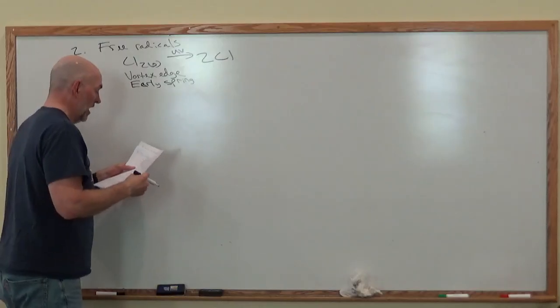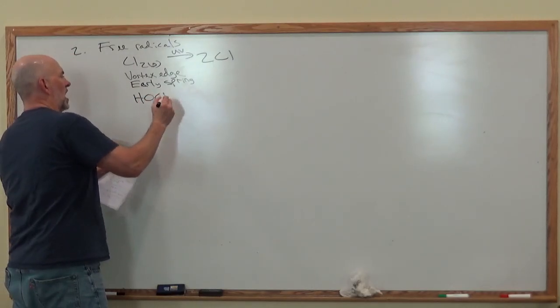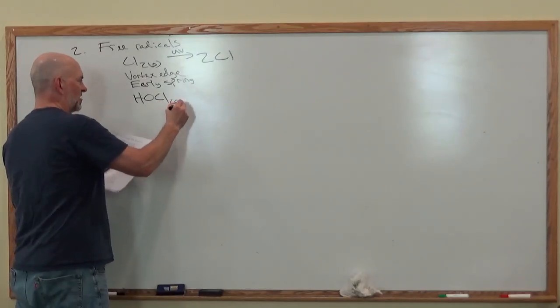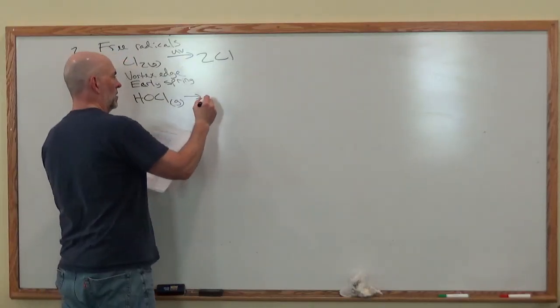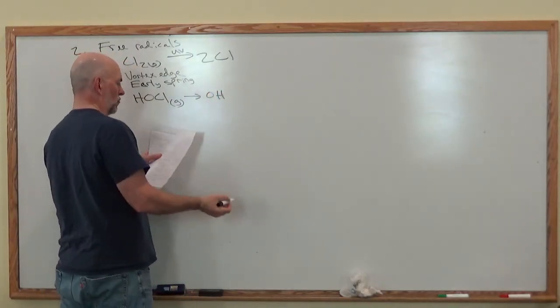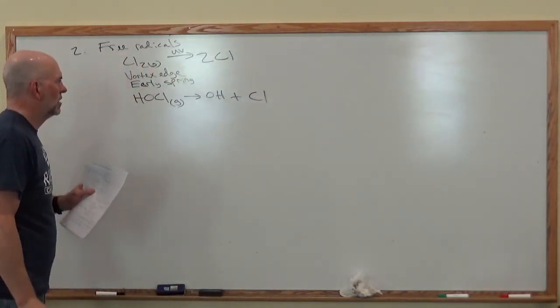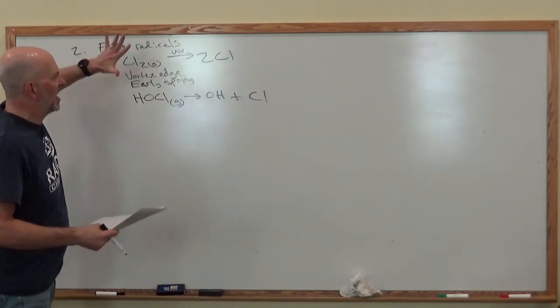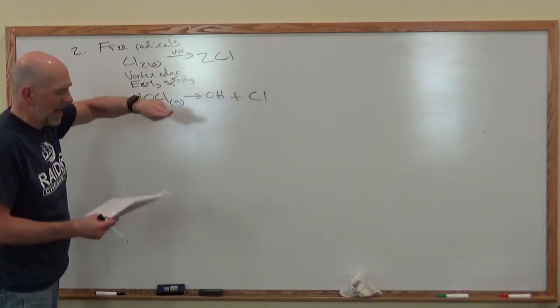Other things that can happen is hypochlorous acid in the gas phase can also split to form hydroxyl radicals and chlorine radicals. And remember, these are what then drive the ozone depletion. So not these themselves, but the free radicals.